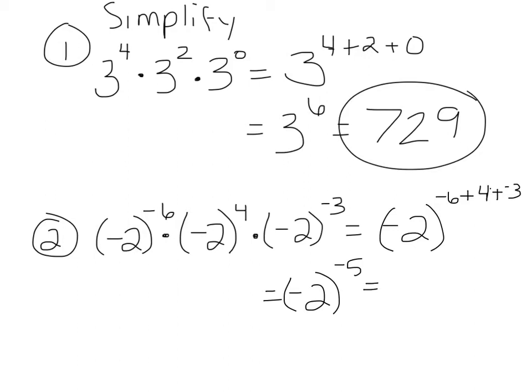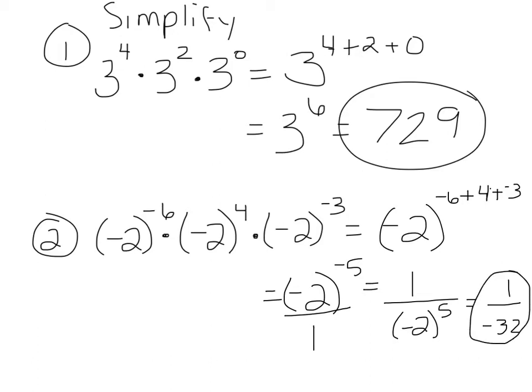Now we have a negative exponent, so we need to get rid of it just like we did in the past. We put it over 1 and put negative 2 to the positive 5th power in the bottom and put 1 on top. Negative 2 to the 5th power is negative 32, because you take negative 2 times negative 2 times negative 2 five times, and so you get 1 over negative 32 as your answer.